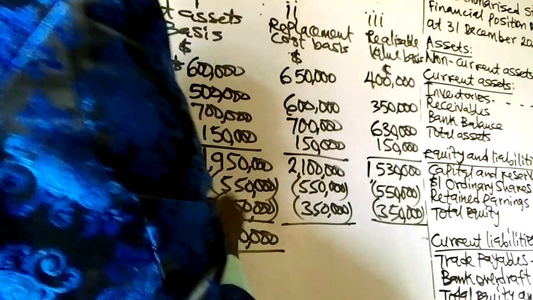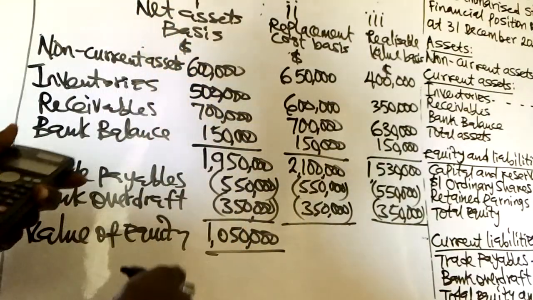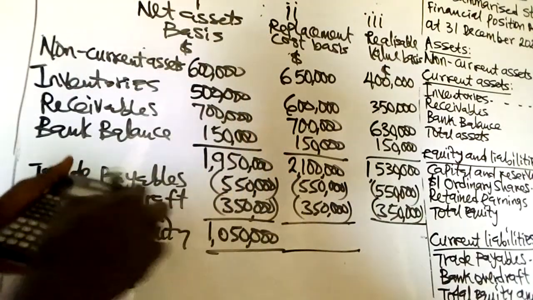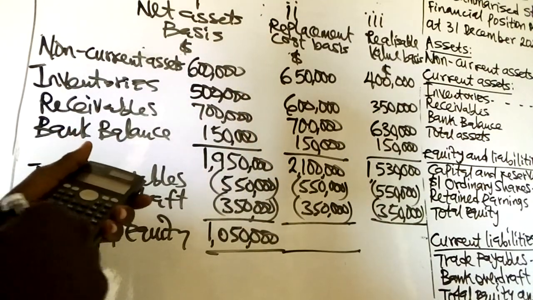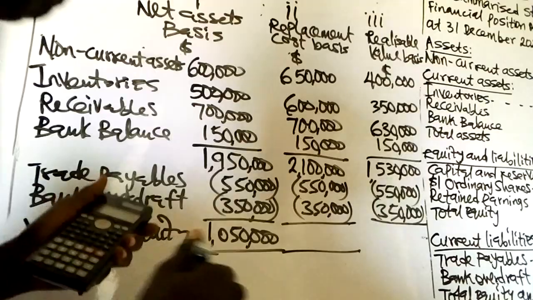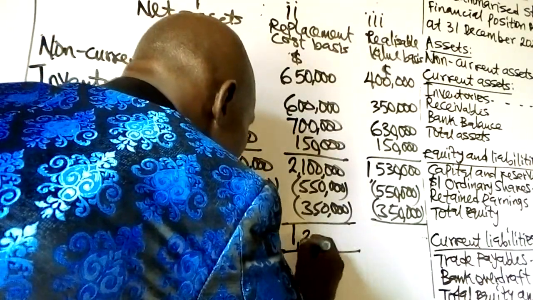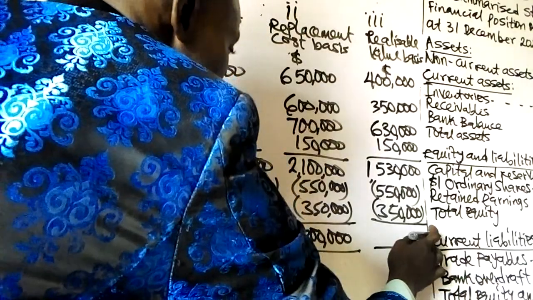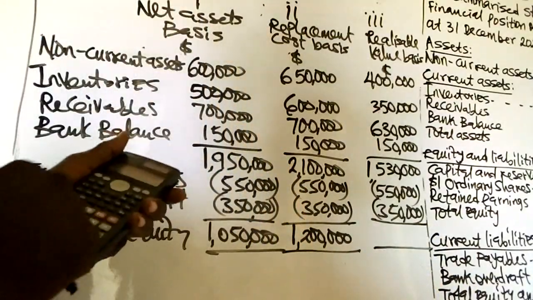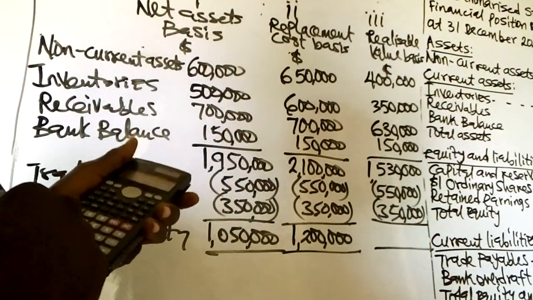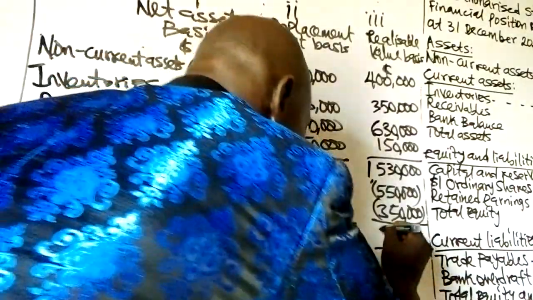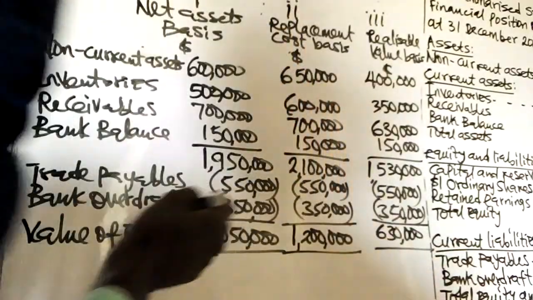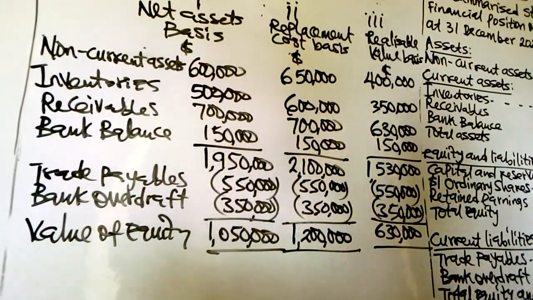The total liability is 900,000. If you subtract it from 1,950,000, you'll be left with 1,050,000. Then 2.1 million minus 900,000, you have 1.2 million under the replacement cost. Then under the realizable value, 1,530,000 minus 900,000, you'll be left with 630,000. That is the value of equity.